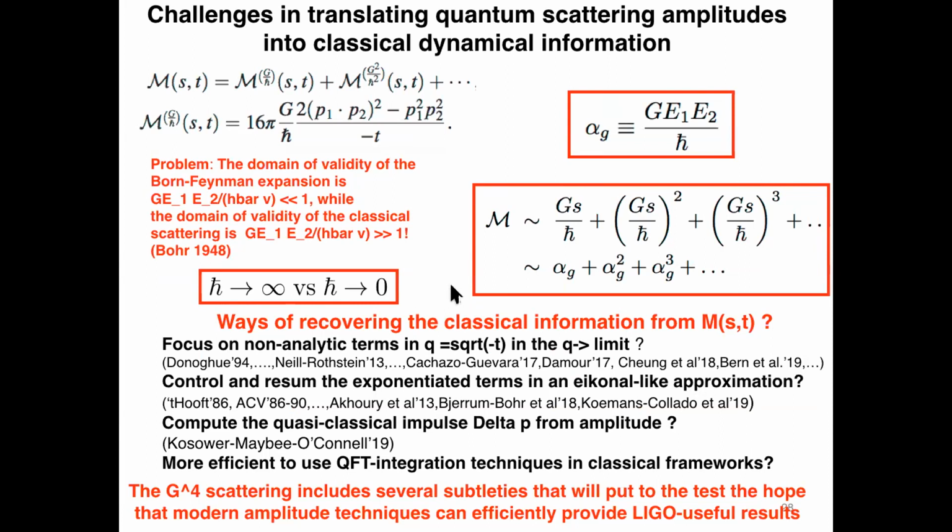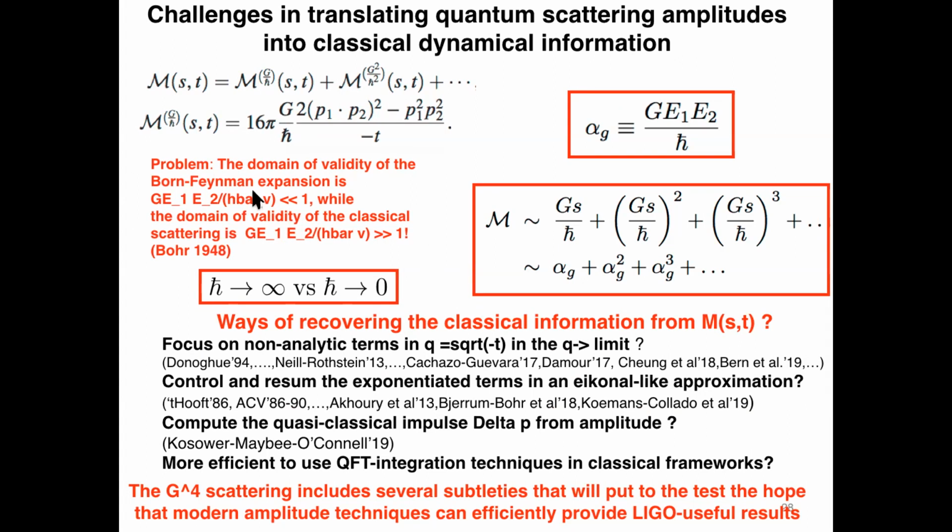Let me also remind everybody that although the amplitude approach to scattering has done extremely important and beautiful results, one has to keep in mind that the domain of validity of the quantum Born-Feynman expansion is the opposite of the domain of validity of the classical scattering.